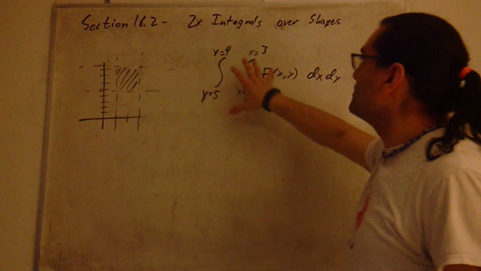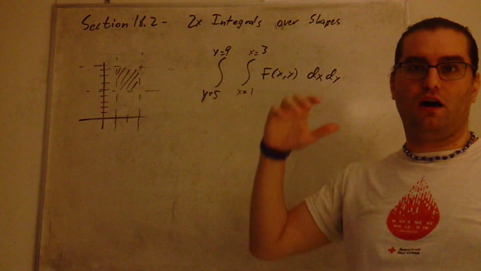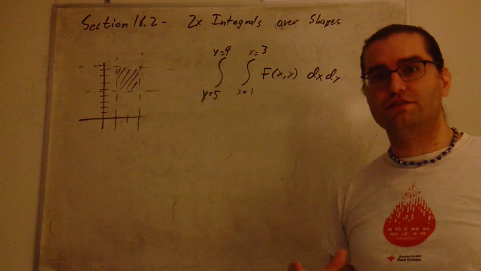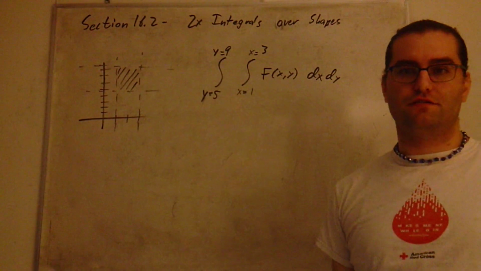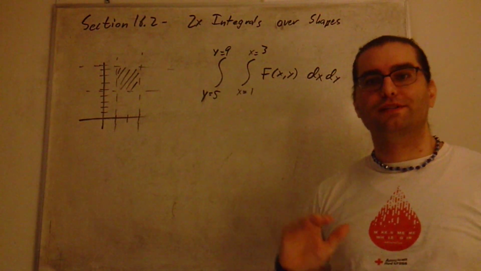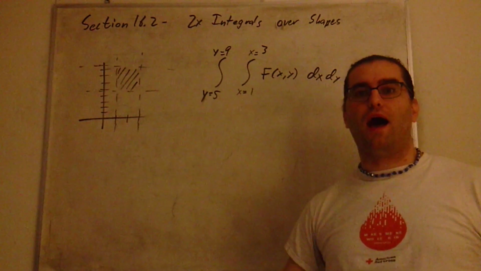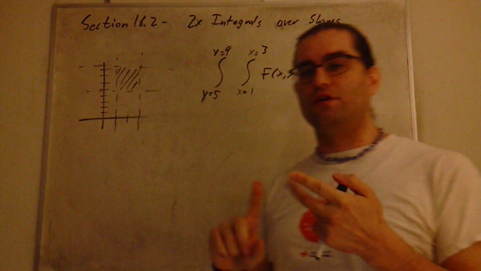So today's topic is, I want to be able to do these double integrals to find the volume under surfaces over regions. I want to extend that beyond rectangles. Rectangles are nice. Rectangles are a great tool for learning. Rectangles are boring. I want to do triangles. I want to do circles.